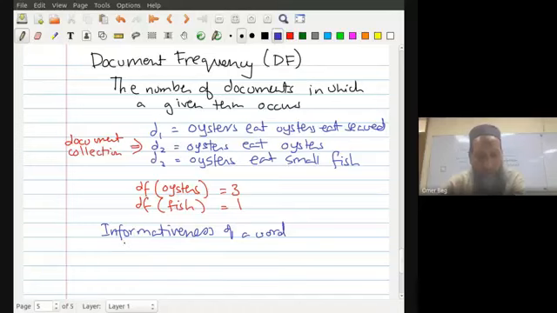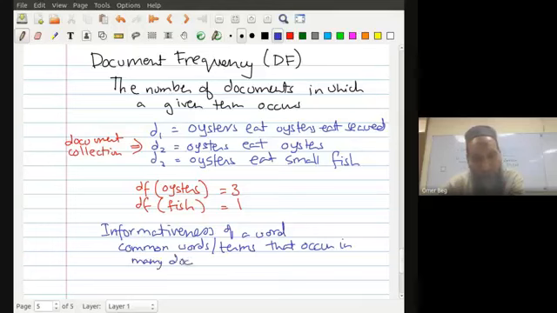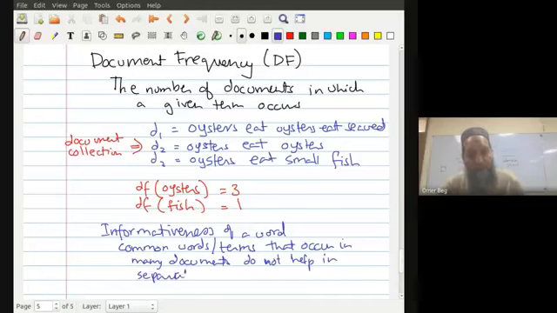The common words or terms, I'm using these two interchangeably for now, that occur in many documents do very little or do not help in separating irrelevant documents.